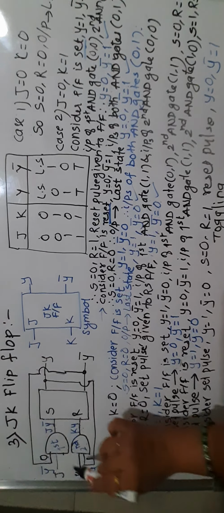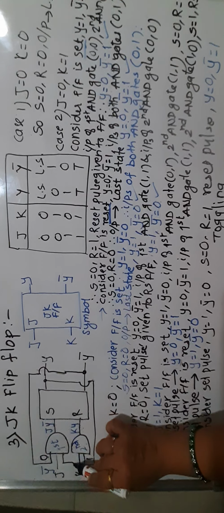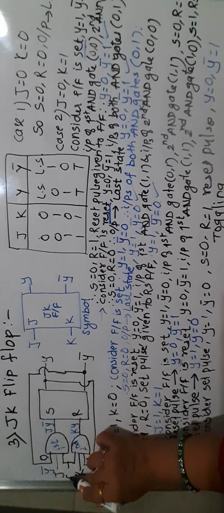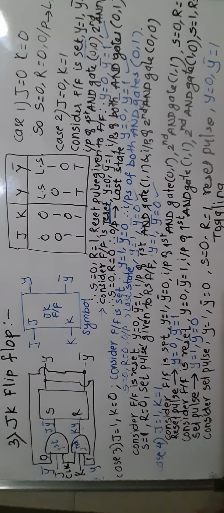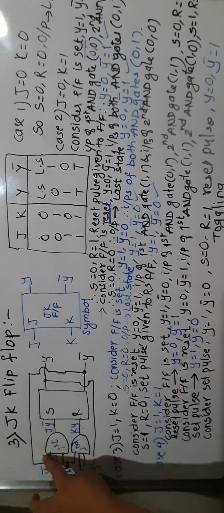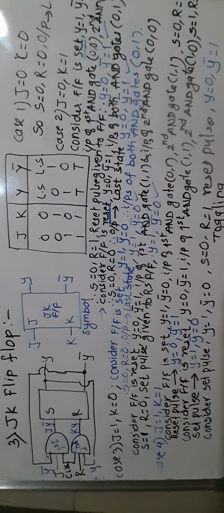This is K, and here we will show a common clock signal CLK. This is the only change that we have to make in the circuit. A common clock signal has to be shown here. This is the slight change in the circuit, and there is a small change in the truth table also.